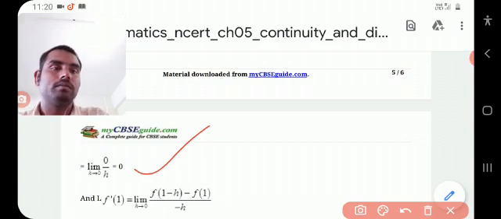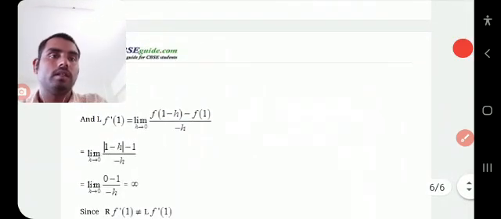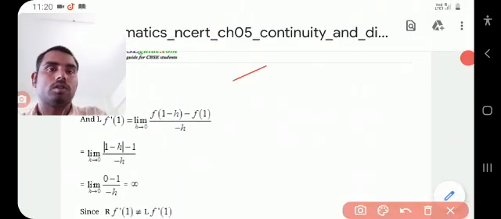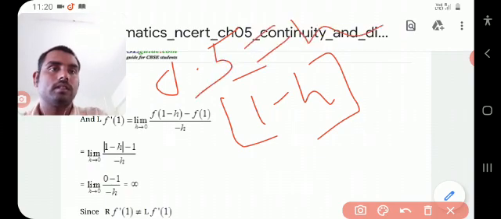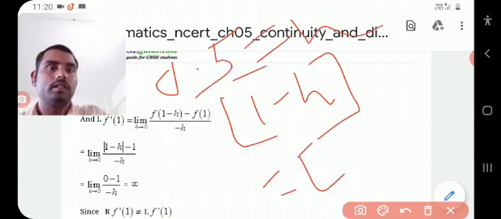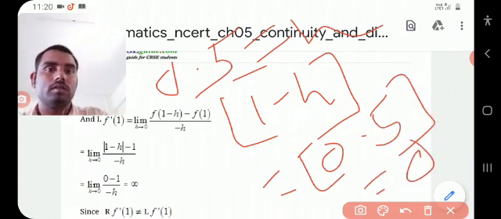The left part is also in a similar way. Here box, not mod, box of 1 minus h. Suppose h is 0.5. So after calculation you get 0.5. 0.5 box means 0. So that is why it is 0. So 0 minus 1 by minus h. Okay, minus h.